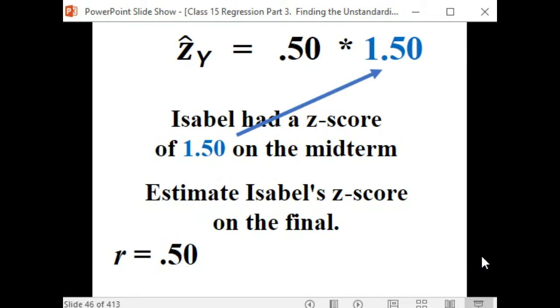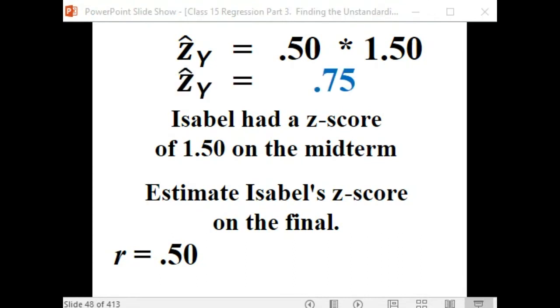So we substitute that 1.50 into the equation. Then we just do the math. 0.50 times 1.50 equals 0.75. And that's our answer. Isabel's predicted z-score on the final exam is 0.75.